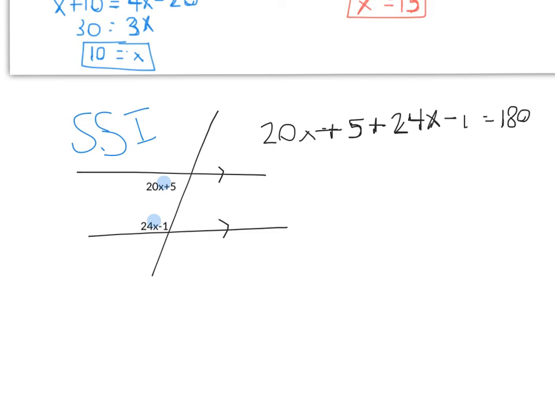So now I'm going to add all this stuff up. I have 44x plus 4 equals 180. So now I'm going to subtract 4. So I have 44x equals 176.